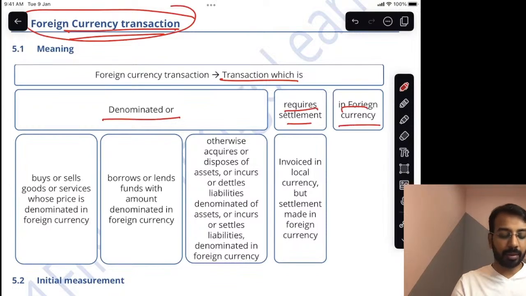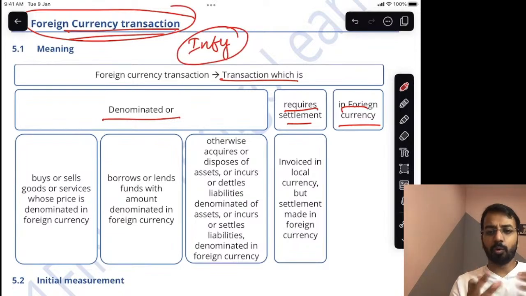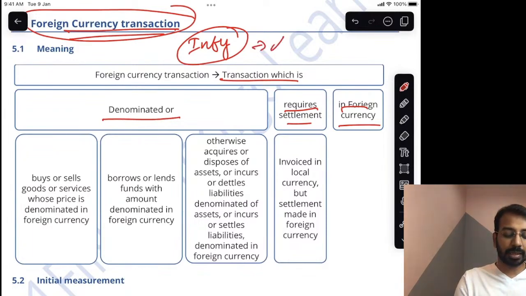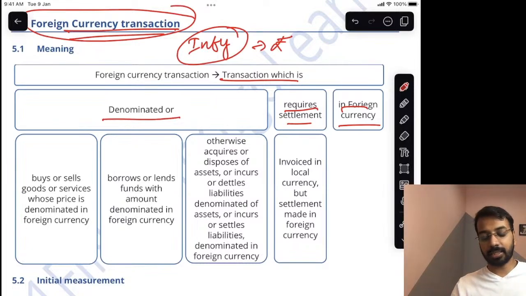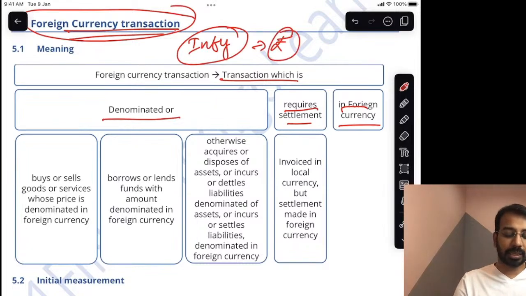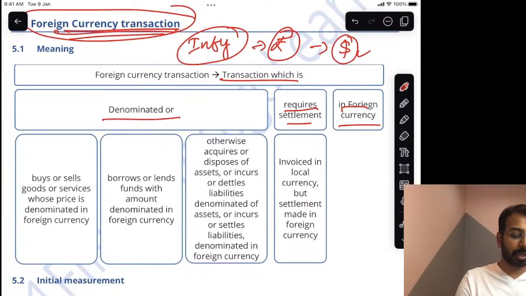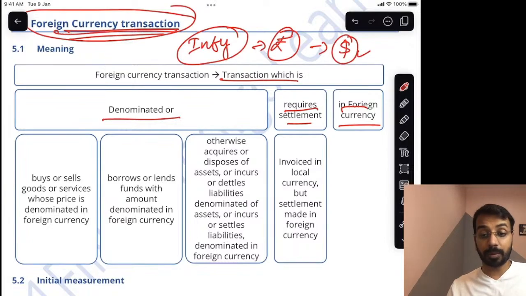Means if I am, let us say, Infosys, and the rule of thumb is that the presentation currency generally is the reporting functional currency. So if for Infosys rupee is the functional currency, and Infosys exports in dollars, this dollar export becomes a foreign currency transaction, right?